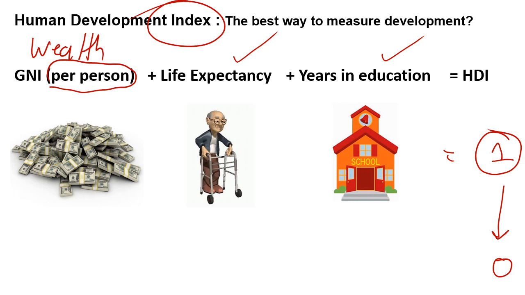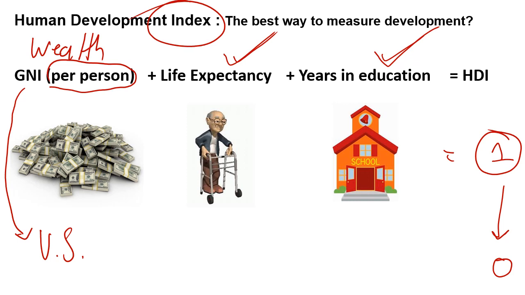If we were to look at GNI alone, the United States is at the top of this list. However, when we add life expectancy and years in education, the United States slips down and is no longer at the top of this list.